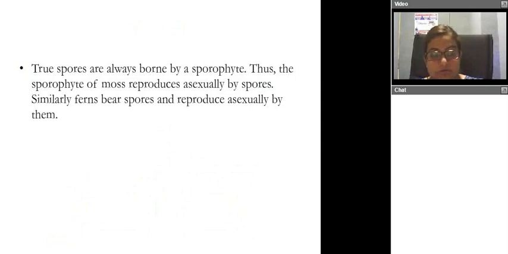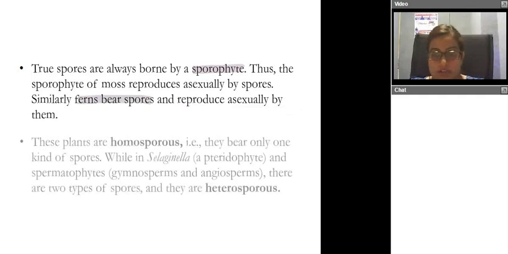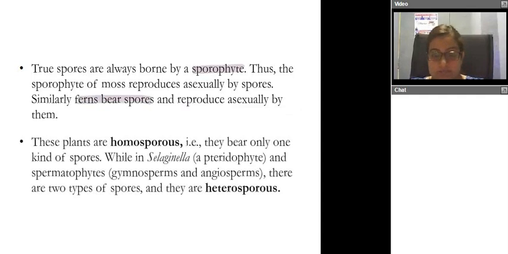A true spore always has a sporophyte. Ferns bear true spores and reproduce asexually by the process of sporogenesis. The plants that have only one kind of spores are homosporous, and those which have more than two types of spores are heterosporous.